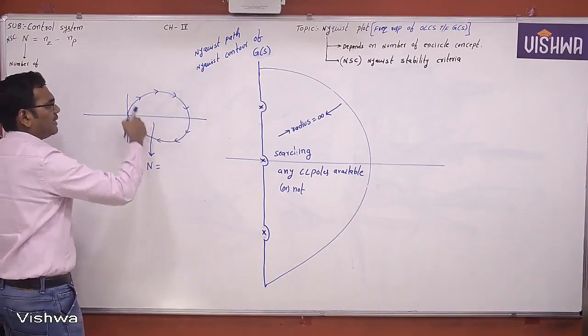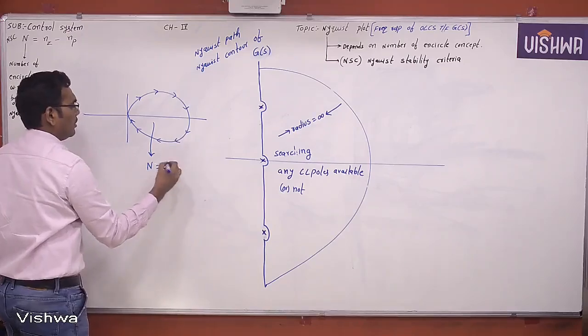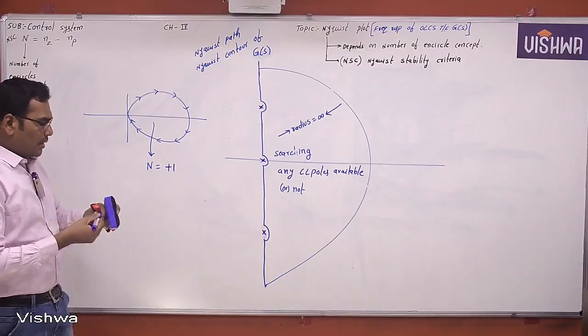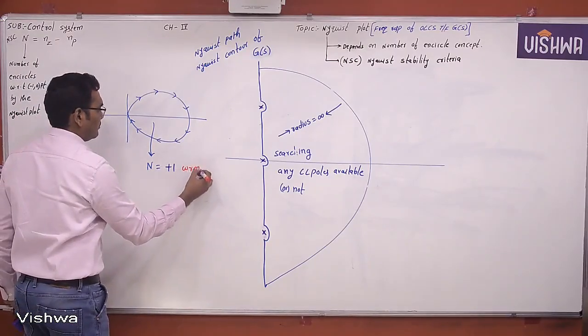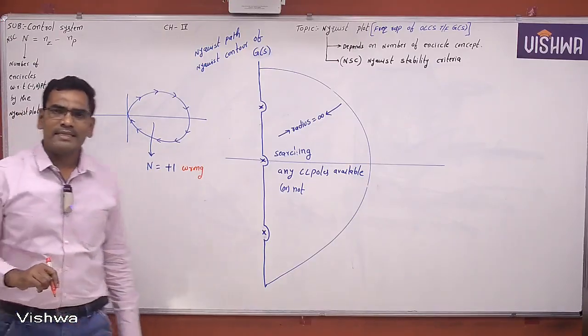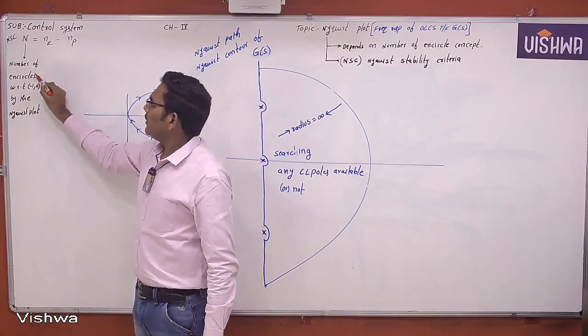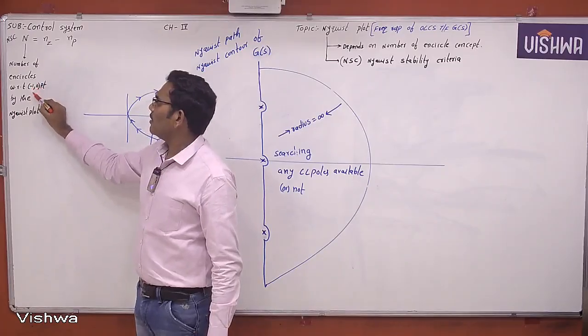Only one encirclement. In which direction? Clockwise direction. Therefore N equals plus 1. See students, previously it was correct, but now N equal to plus 1 is 100% wrong. This is the wrong answer. Why is this the wrong answer? What is capital N saying? Capital N is the number of encirclements with respect to the minus 1 comma 0 point.